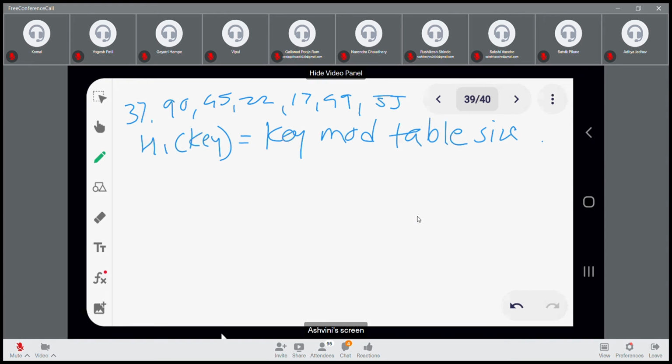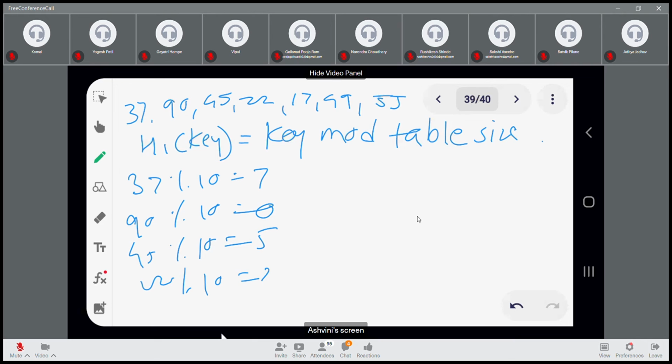Let's take the first number and apply the first function, that is the normal hash function. 37 mod 10 is 7, so you can place it at 7. 90 mod 10 is equal to 0, at index 0. Then 45 mod 10 is equal to 5. 22 mod 10 is equal to 2. All these places are empty. Then 49 mod 10 is equal to 9. This is also empty.